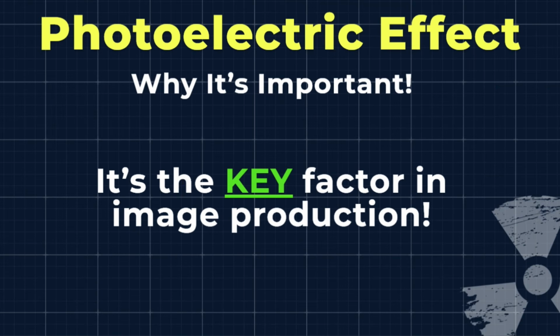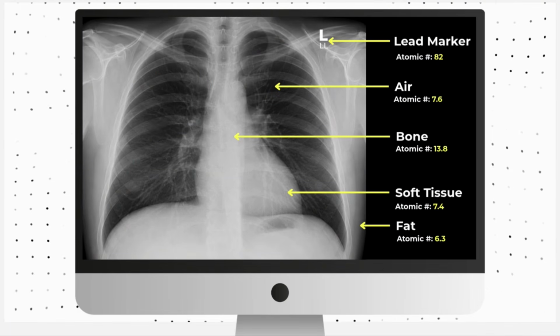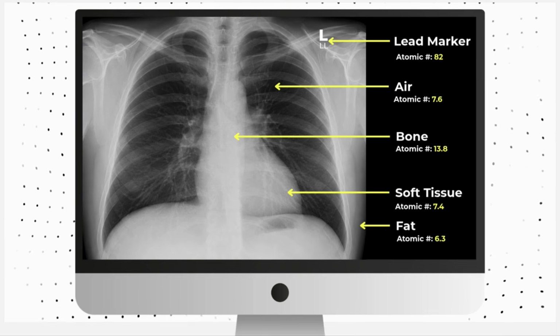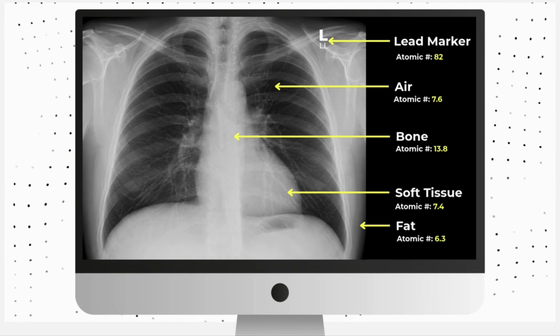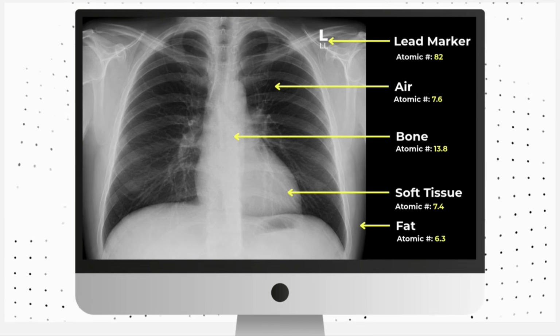It has a very positive effect on the way our X-ray image comes out. Man, this just keeps getting better and better. The photoelectric effect is one of the main reasons we have image contrast. Think about a chest X-ray, for example. Air in the lungs does not absorb very much radiation, so more photons pass through and reach the image receptor. That area appears very dark.